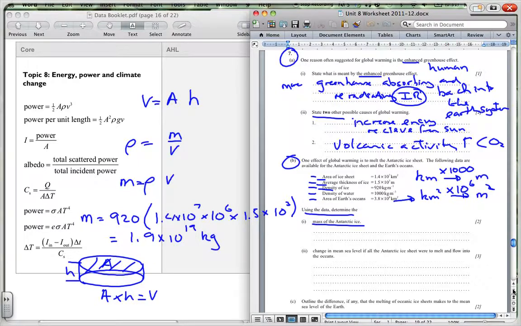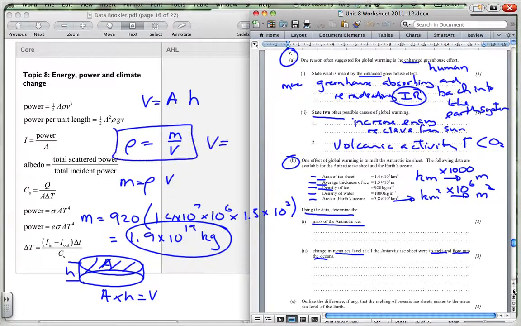Then it says we also want to determine the change in the mean sea level if all the Antarctic ice sheet were to melt and flow into the oceans. So what would be the volume of this in water? Now we know from this formula over here that volume is equal to my mass divided by my density.